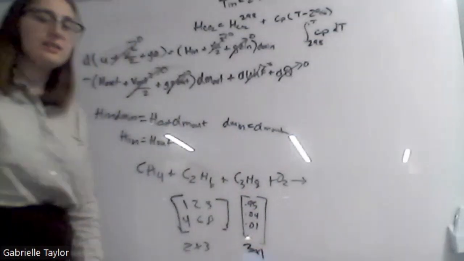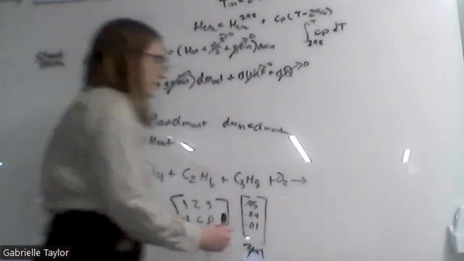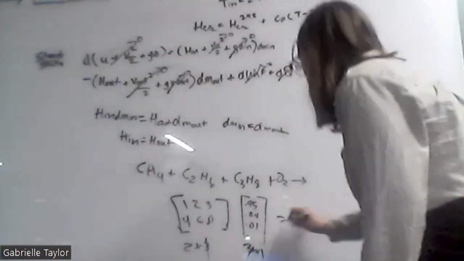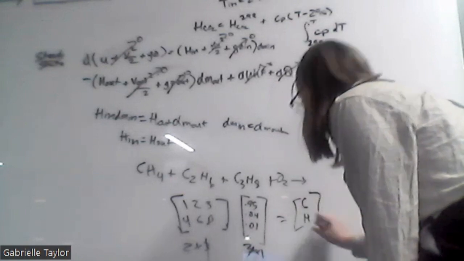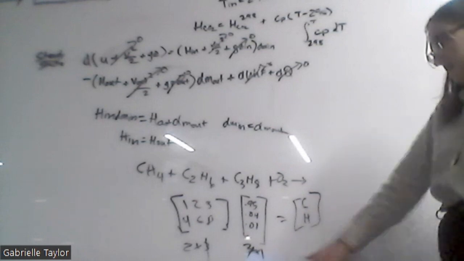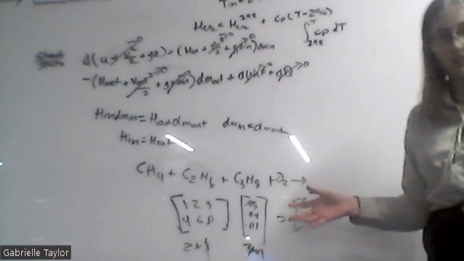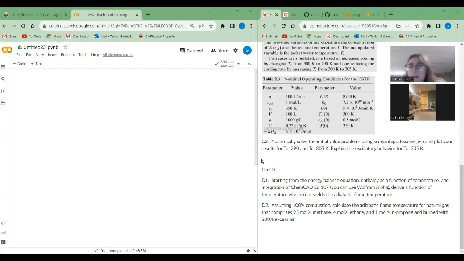So when we multiply these, you cancel out the 3, and it's going to be a 2 by 1 matrix, a carbon and a hydrogen. This is how we're going to solve for the abundance of carbon and hydrogen.